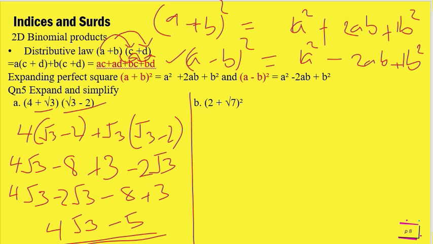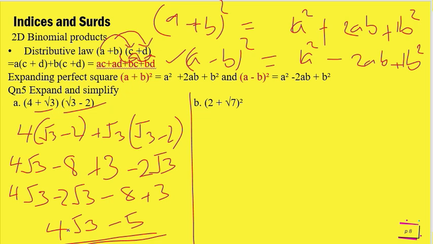Remember, you are supposed to expand and then simplify. Simplification after expanding is collecting the like terms together and adding them, using the operator that is suitable for them to be done properly.